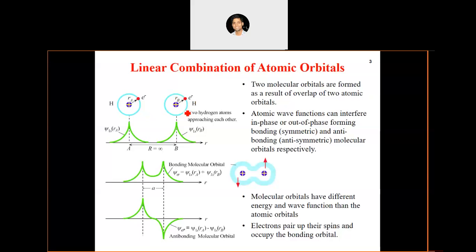Okay, so in that case what will happen is the wave function of, let me just introduce the concept of wave function also. In quantum mechanics, wave function is the most fundamental property of a material. You can derive any property of a material if you know the wave function of that particular material.